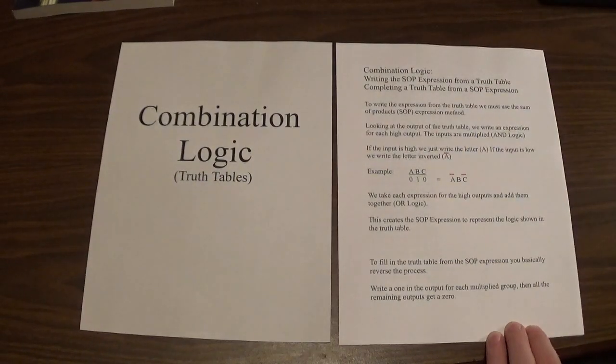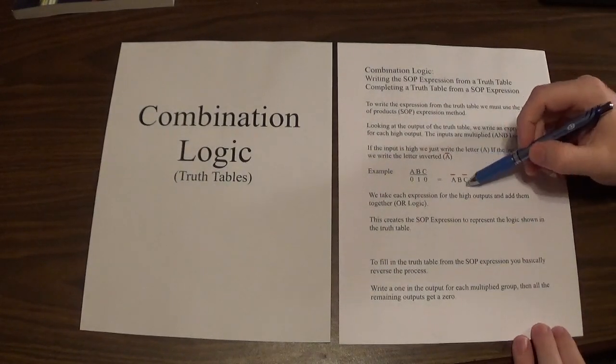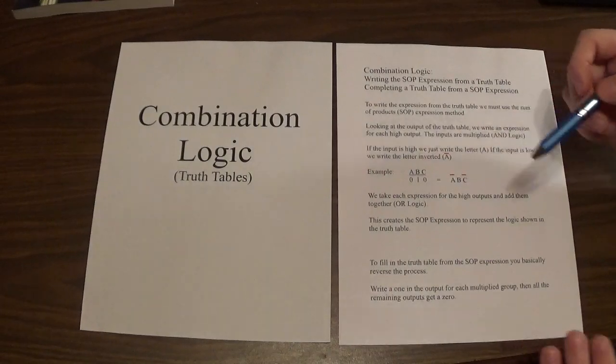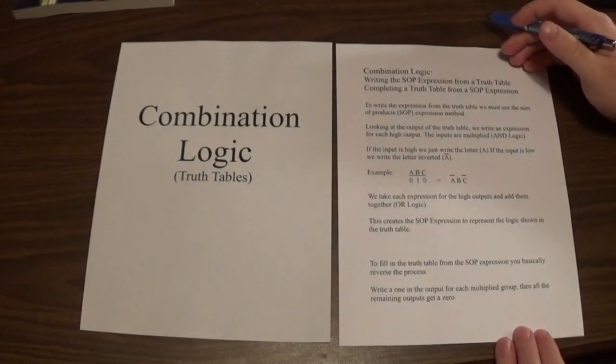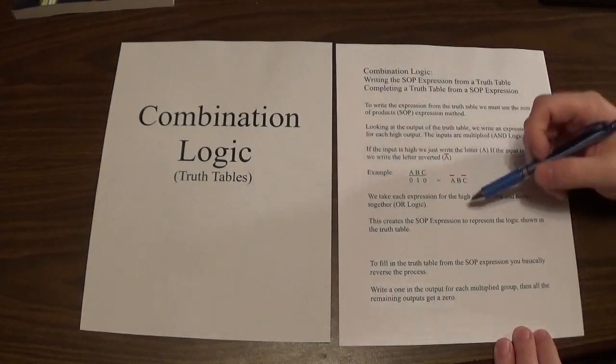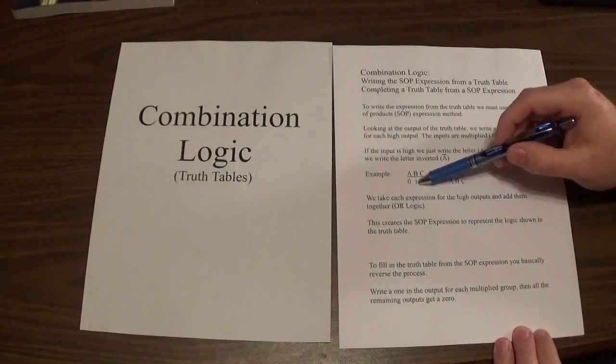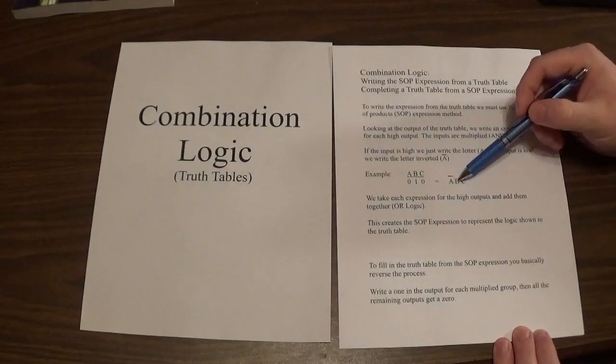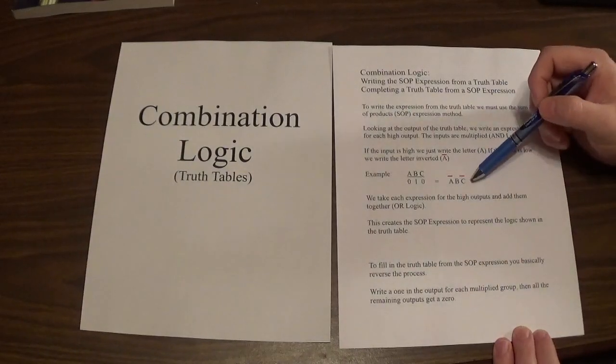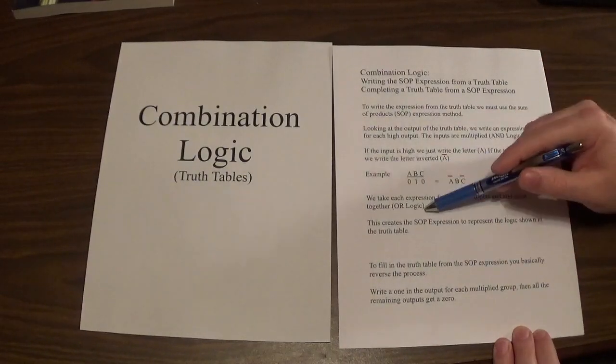Okay, so we'll write that out for each group, for each high output, and then we'll have several of these because there'll be multiple high outputs for each truth table, and then we will add them together. So that'll be OR logic. Each one of these is an AND function because we're multiplying, and then each group is added together.